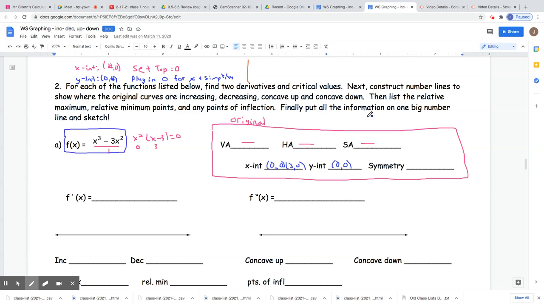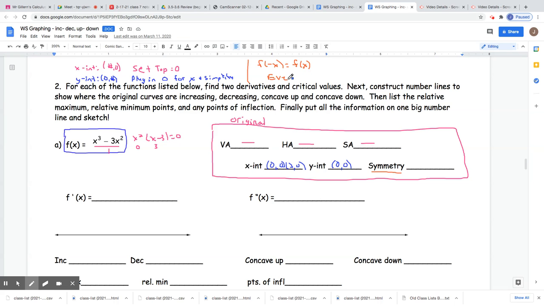And this is the thing I'm least concerned with because everything else is more important in my opinion. This we can also check once we graph it. But algebraically, the way to check if something's even, odd, or neither is you are going to plug in negative x. You're going to do f of negative x. If f of negative x equals the original, then it is even.